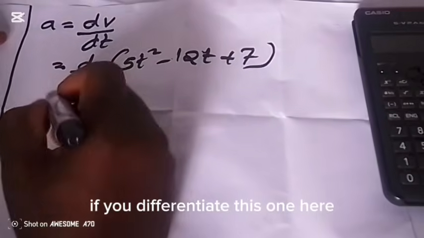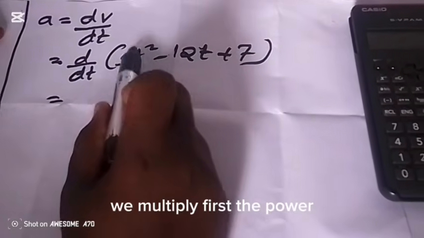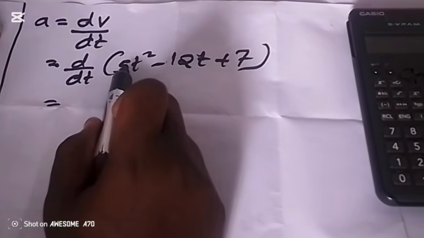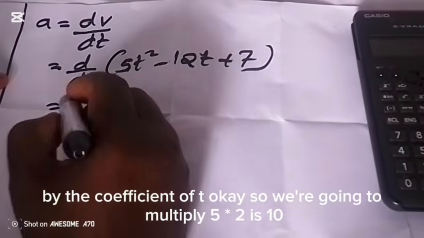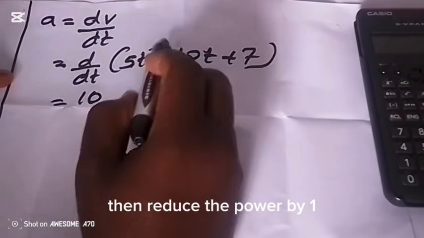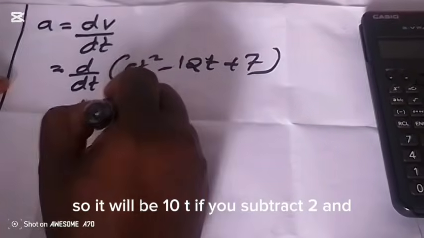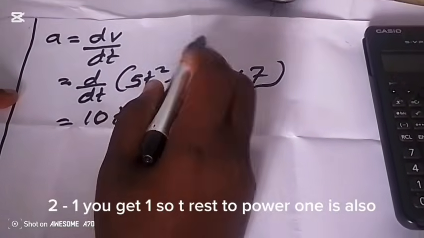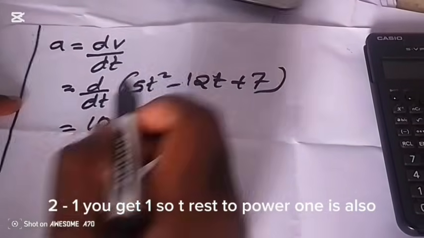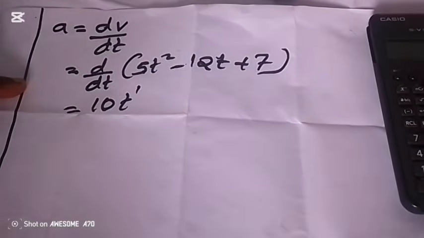If we differentiate this, we multiply first the power by the coefficient of t. So we multiply 5 times 2 is 10, then reduce the power by 1. So it will be 10t, because 2 minus 1 gives 1, and t raised to power 1 is just t.